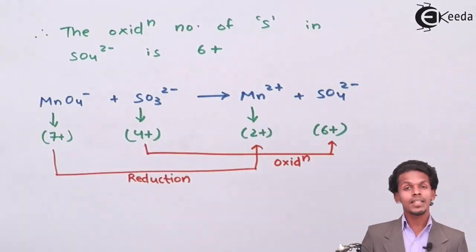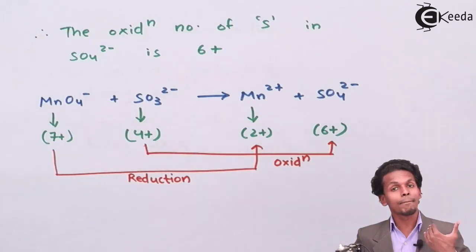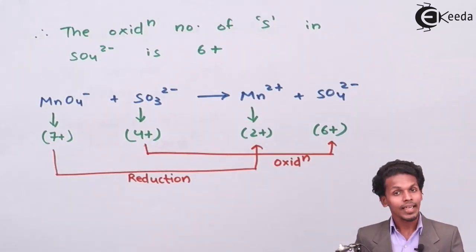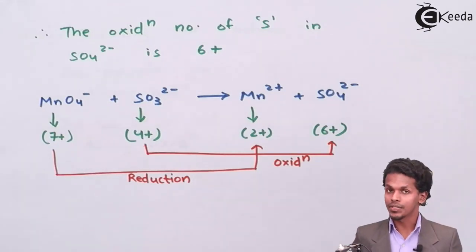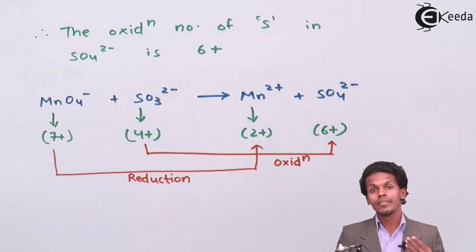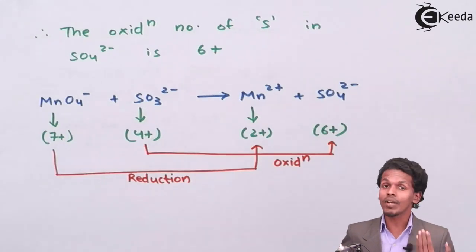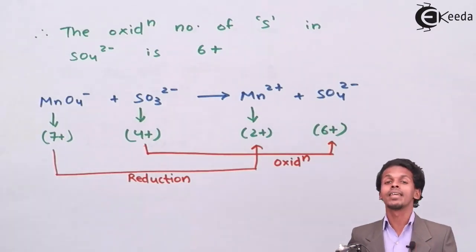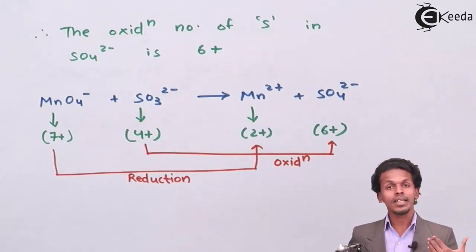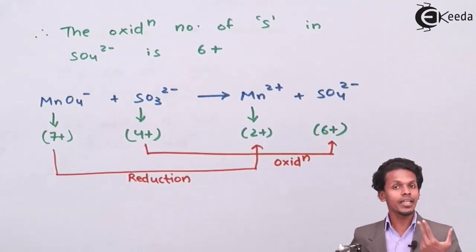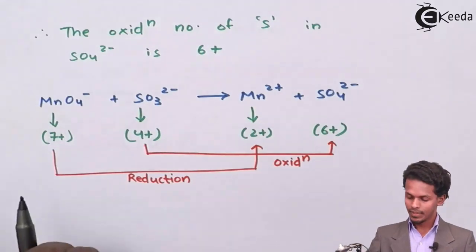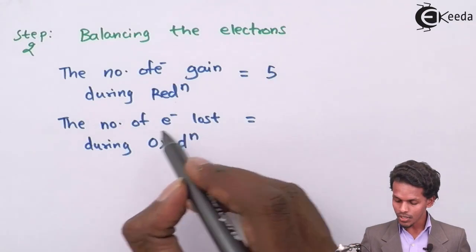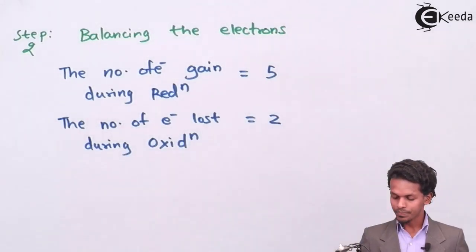So the sulfur in the plus 4 oxidation state loses 2 electrons. If 4 plus loses 2 electrons, then only it will convert into 6 plus. So the number of electrons lost by the sulfur in SO3 2 minus will be 2. I could write it as the number of electrons lost during oxidation is 2.